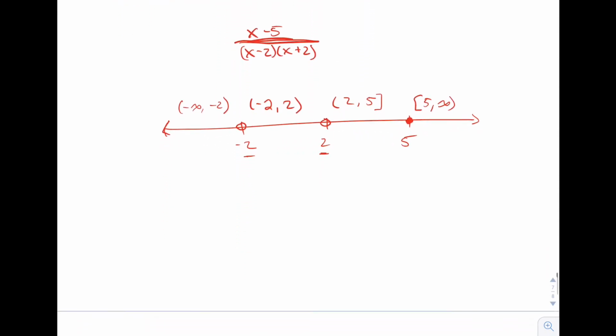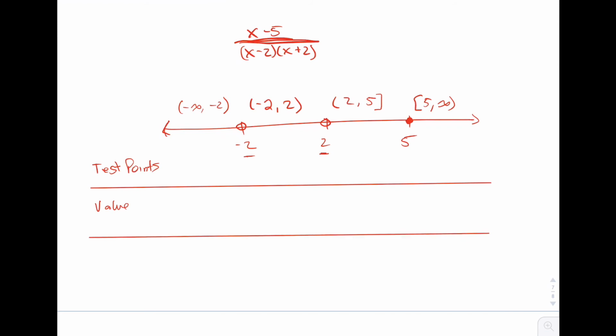And I set up my sign diagram here. I'm going to need test points. I'm going to want to know what the value of each of those test points is, and then I want to know, does that actually make me less than or equal to 0?